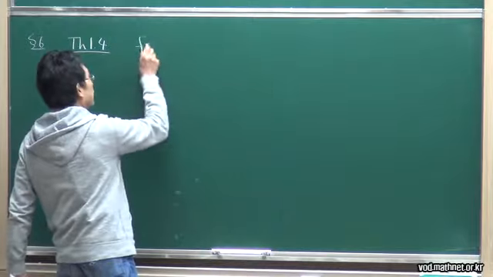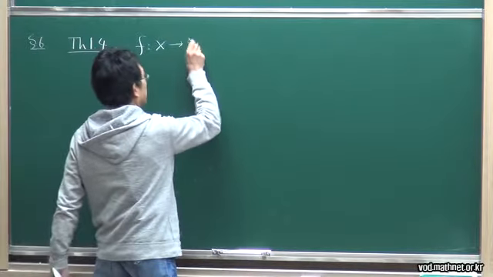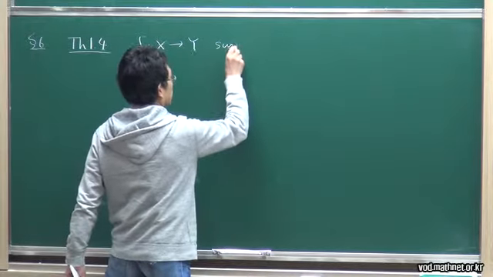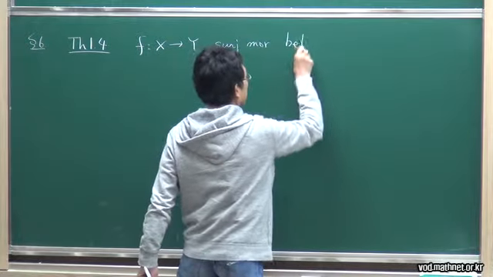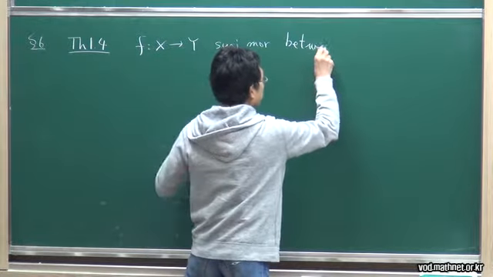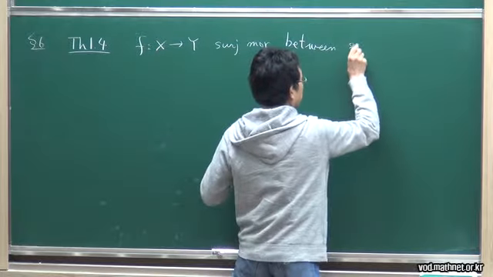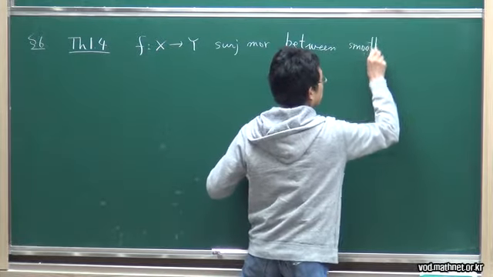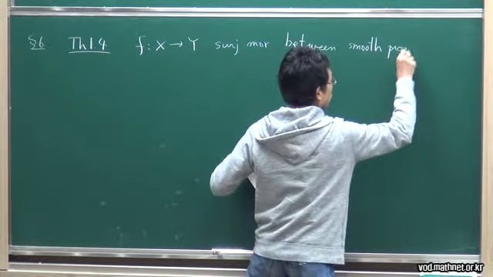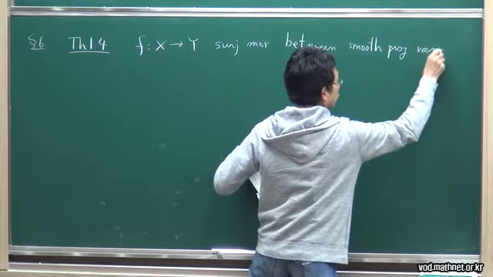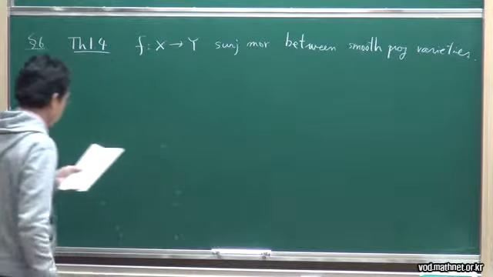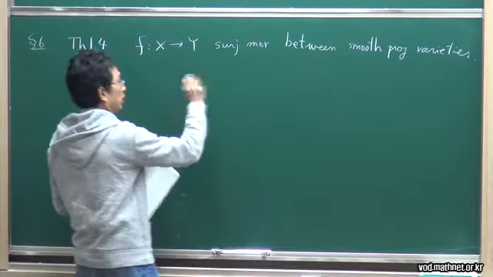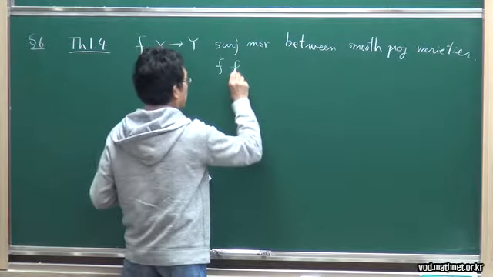Let f: X to Y be a surjective morphism between smooth projective varieties, and f has connected fibers.